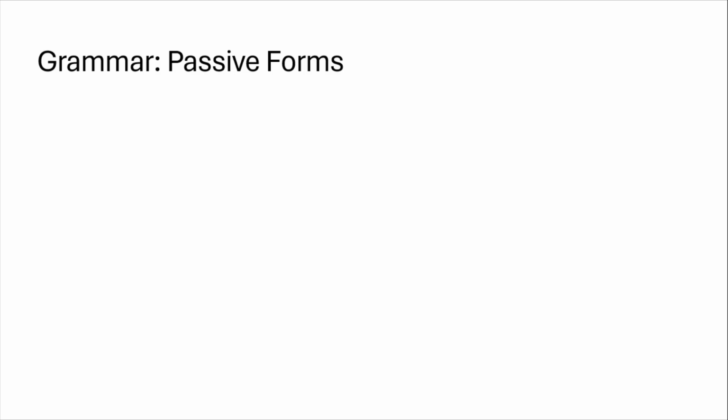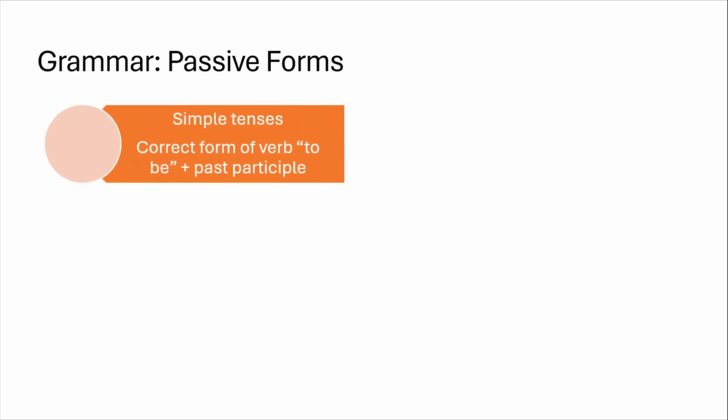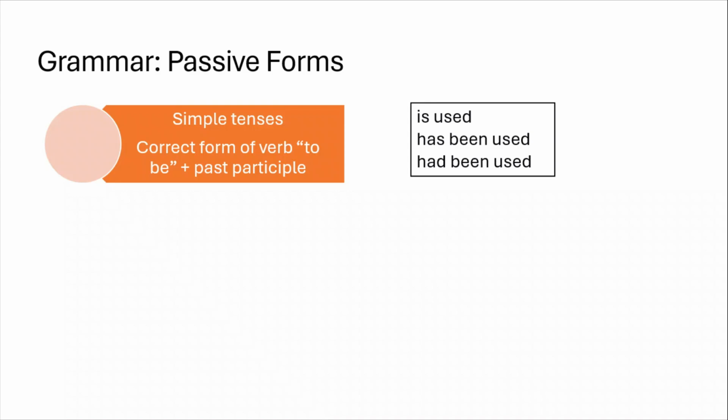Let's talk a little bit about the forms of the grammar, and we can put them in three basic groups. We can talk about our simple tenses. We have the verb, and we have present tense, present perfect, and the past perfect form here. And this is the correct form of the verb to be and the past participle.